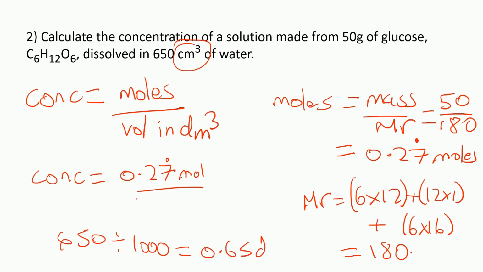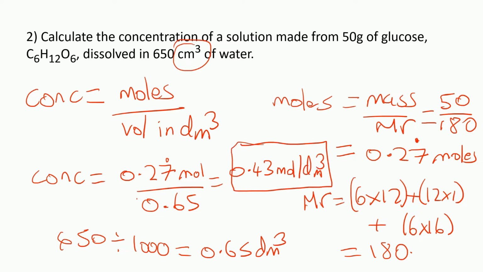So we'll put 0.65 here, and that comes out at 0.43 moles per dm cubed. That could be slightly different if you rounded up at this stage to 0.28 divided by 0.65, or whether you kept it as 0.27 in your calculator.